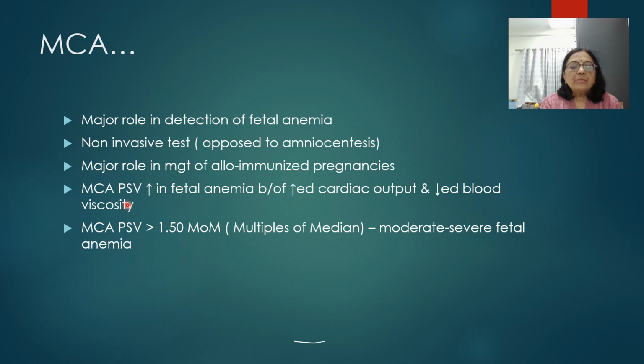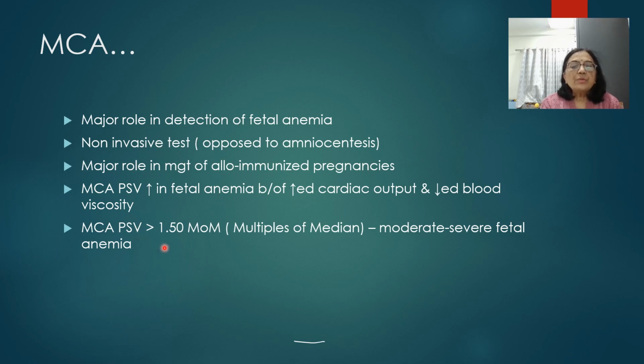MCA PSV, that is middle cerebral artery peak systolic velocity, increases in fetal anemia because of the increased cardiac output and reduction in blood viscosity. So as a response to the anemia, cardiac output increases and there is a reduction in blood viscosity. These are the two reasons why there is increase in peak systolic velocity.